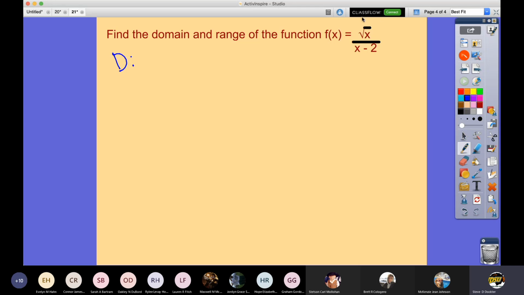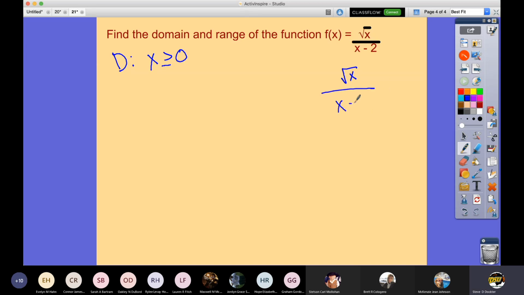We can actually look at the equation and figure out what's going to work here. Now we have a square root here. What are the numbers that are going to work for just the square root of x? Well, we can't put any negative numbers under here or else we'll have an imaginary answer. So for this one, it's got to be x is greater than or equal to 0.